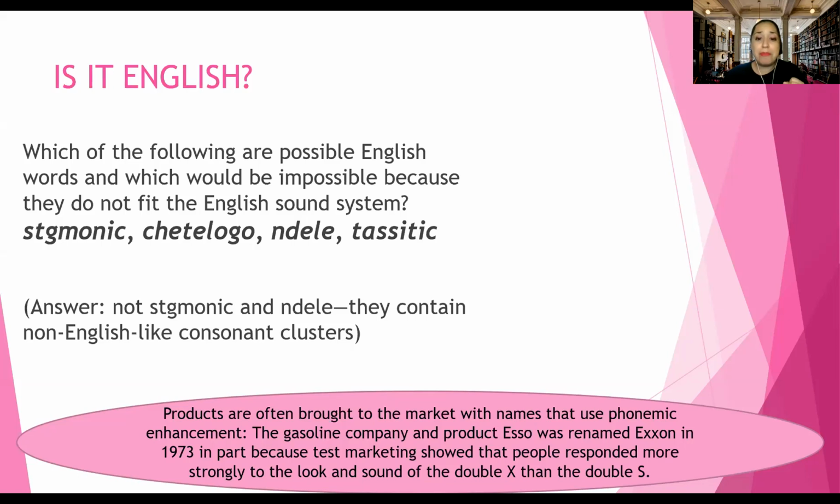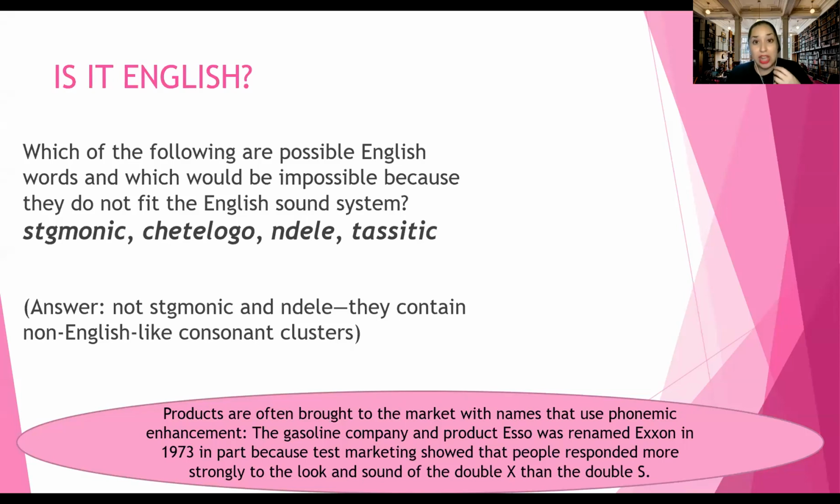The gasoline company and product Exxon is not like Esso with the sound of Esso. It actually sounds like Exxon. Esso was renamed Exxon in 1973 in part because test marketing showed that people responded more strongly to the sound of the double X than the double S. So since people started calling it Exxon, they changed the brand.